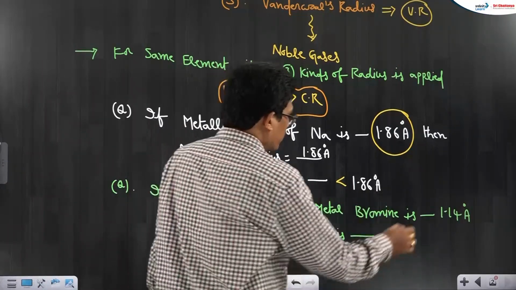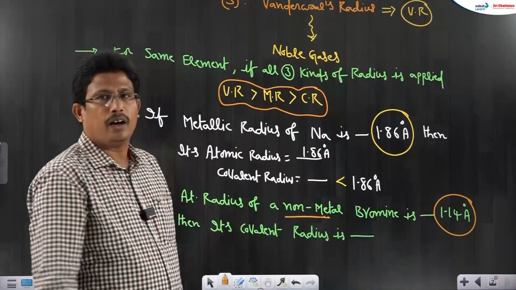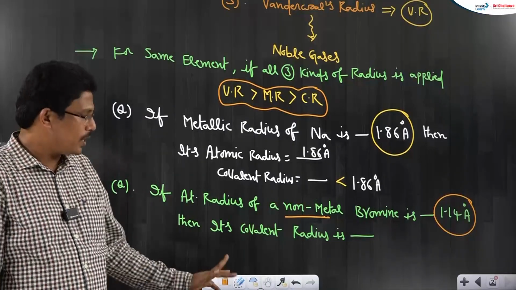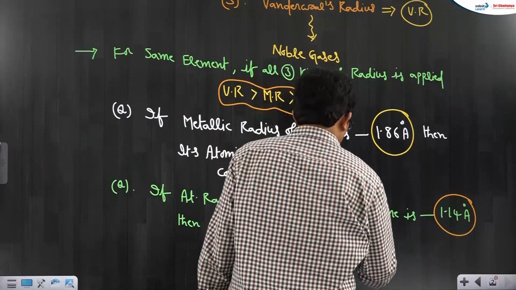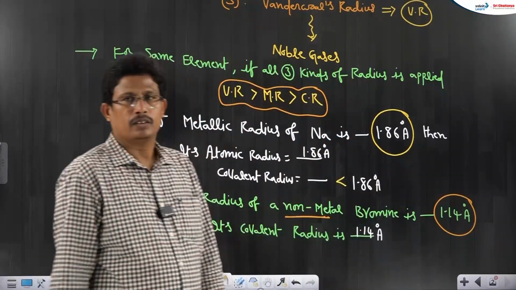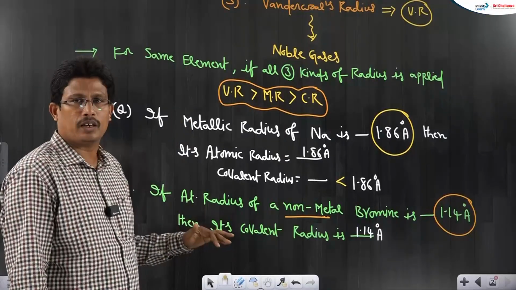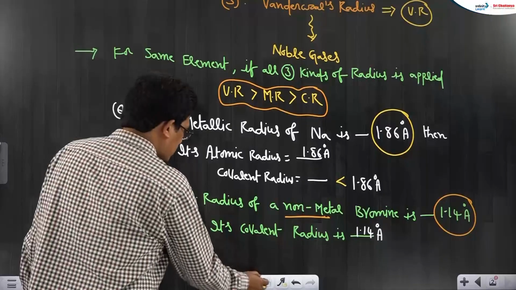In case of non-metals, atomic radius is nothing but covalent radius. So the answer is the same, 1.14 angstroms. Okay, this type of questions are given based on the type of radii, very important.